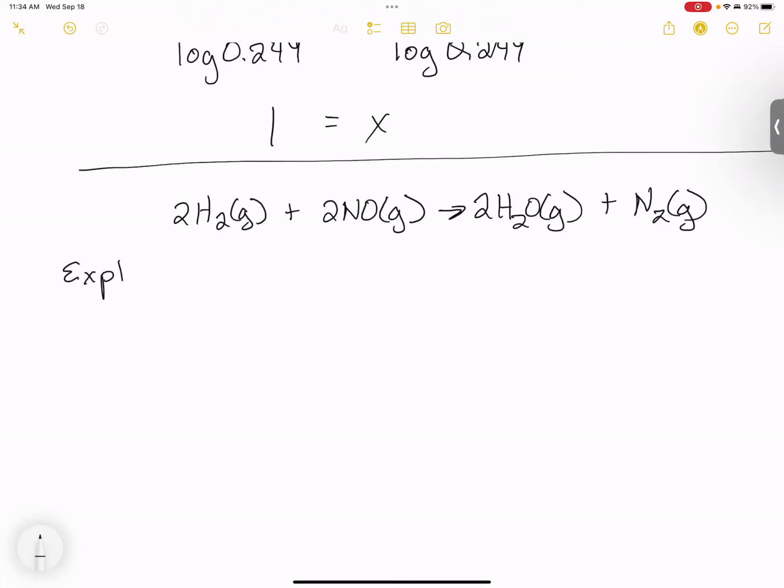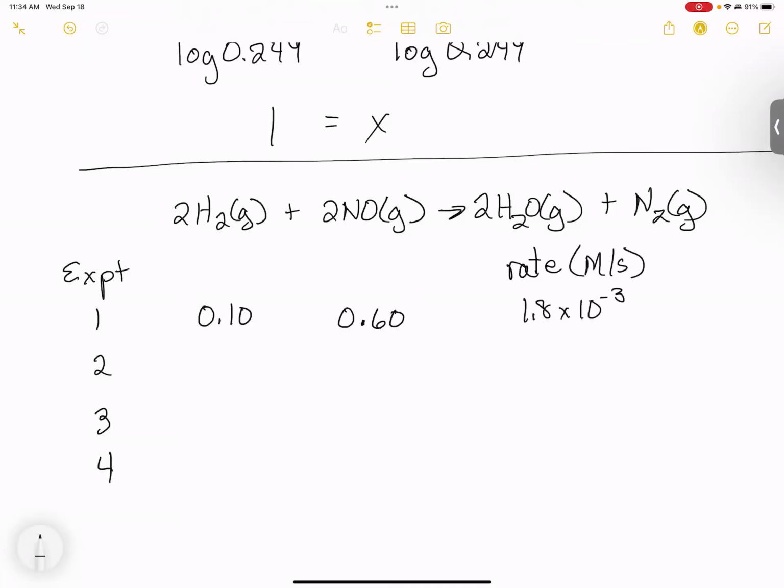We're going to do 4 experiments. In experiment 1, the H2 is 0.10 and the NO is 0.60, and that has a rate in molar per second of 1.8 times 10 to the minus 3.